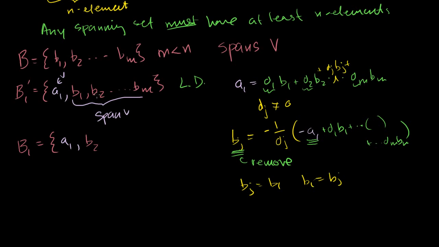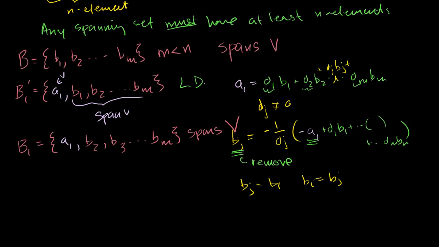But anyway, we took our Bj, renamed it B1, and removed it, and so now our set looks like this: B3 all the way to Bm, and this set still spans V. And we know that because the guy we removed can be constructed with a linear combination of these guys, so we haven't lost our ability to construct all of the vectors in V.